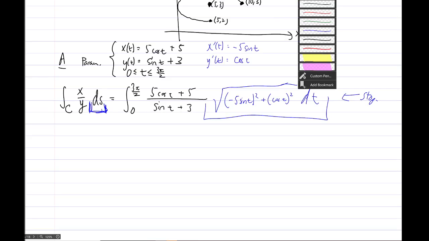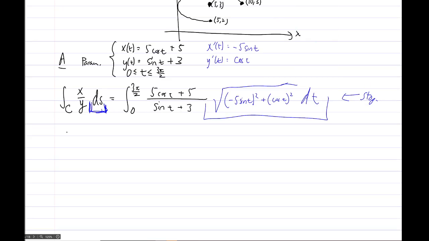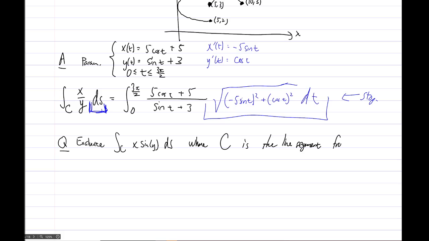So let's set up another one of these. Okay, so I'd like to evaluate the integral over C of x times sine of y ds, where capital C is the line segment from the point 3, 12 to the point 5, 9.